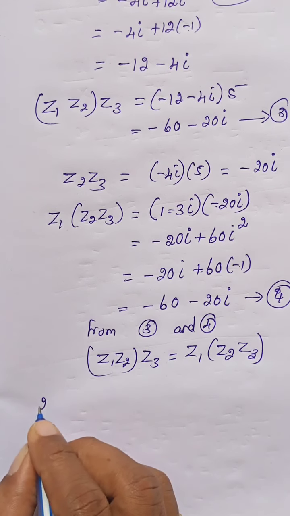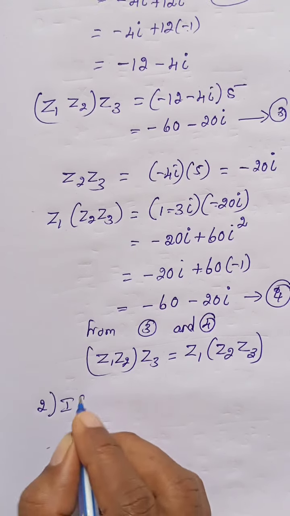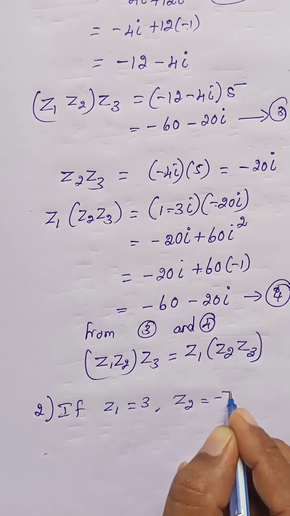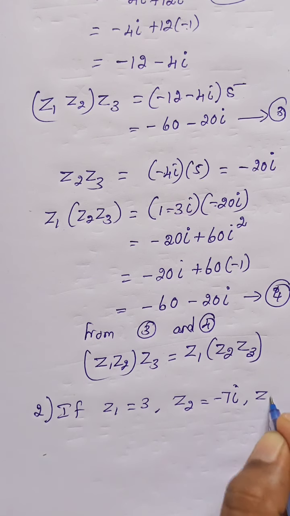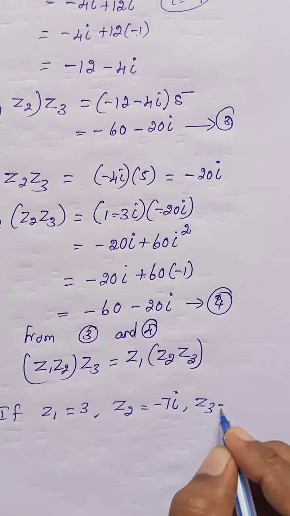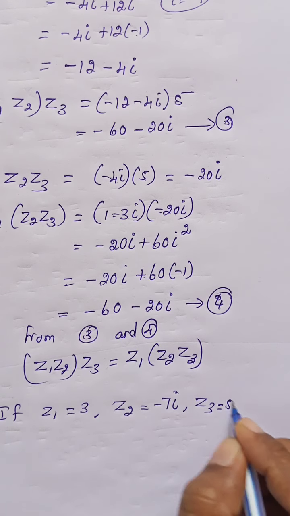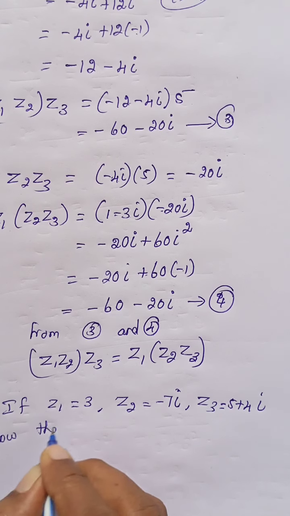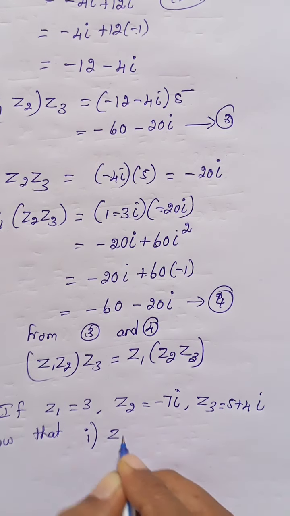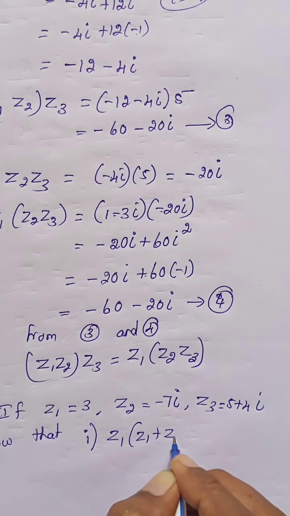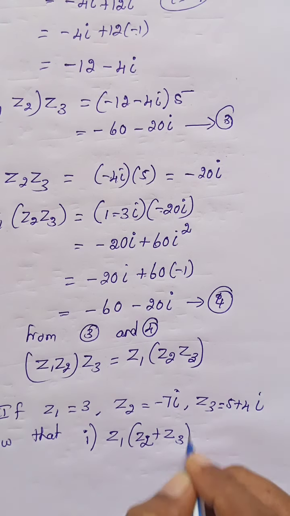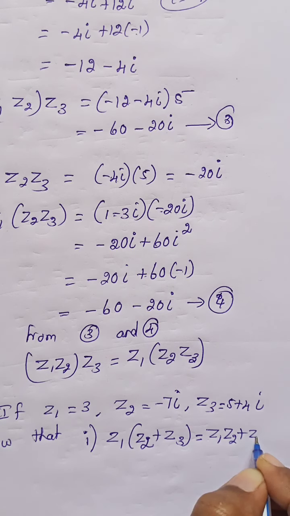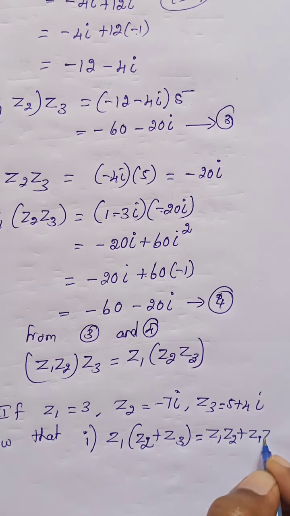Now the second problem is, if Z1 is equal to 3, Z2 is equal to minus 7i and Z3 is equal to 5 plus 4i, show that subdivision 1, Z1 into (Z2 plus Z3) is equal to Z1 Z2 plus Z1 Z3.